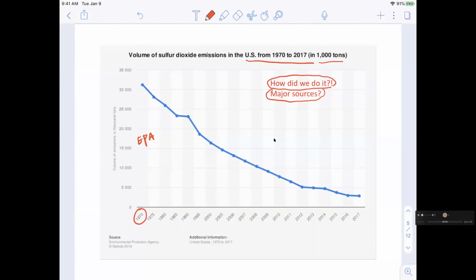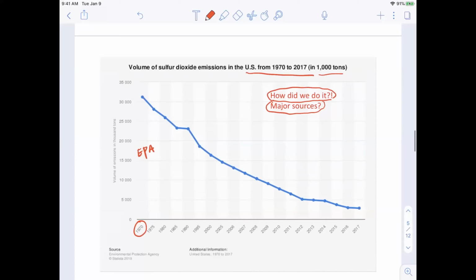As a matter of fact, if we break down all the sulfur dioxide emission, 2/3 of it is actually coming from the coal-fired power plant. And the remaining 1/3 is coming out of the oil refinery. So basically, the oil refinery changes the crude oil into the products we need, for example, the gasoline.